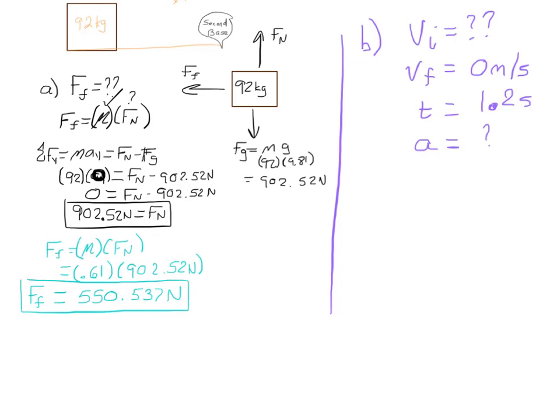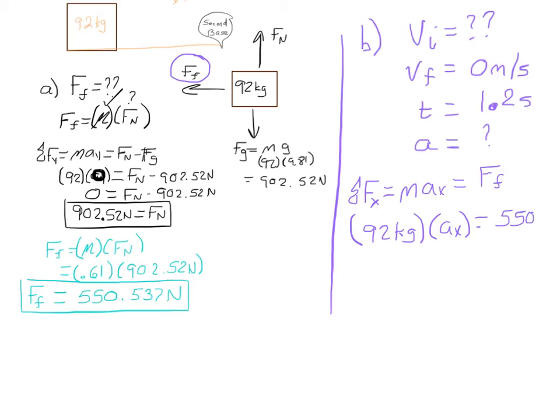To find his acceleration, we're going to look at the net force in the x direction. Because this baseball player is sliding, he is accelerating. We found that the force of friction is the only thing acting in the x direction. We say that his mass times his acceleration in the x direction is simply going to be equal to the force of friction, because there's nothing stopping him. And his mass is 92 kilograms. We don't know what his acceleration in the x is, but we know that when we multiply it times its mass, we're going to get 550.54 newtons.